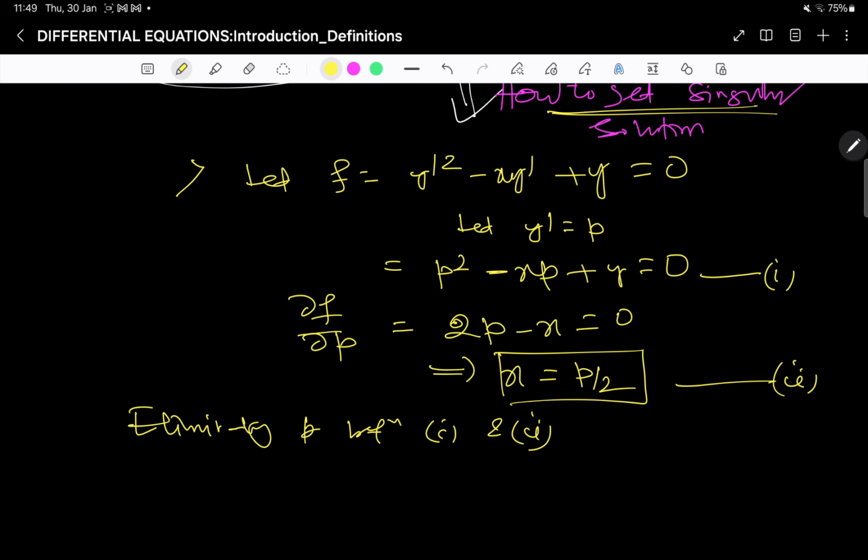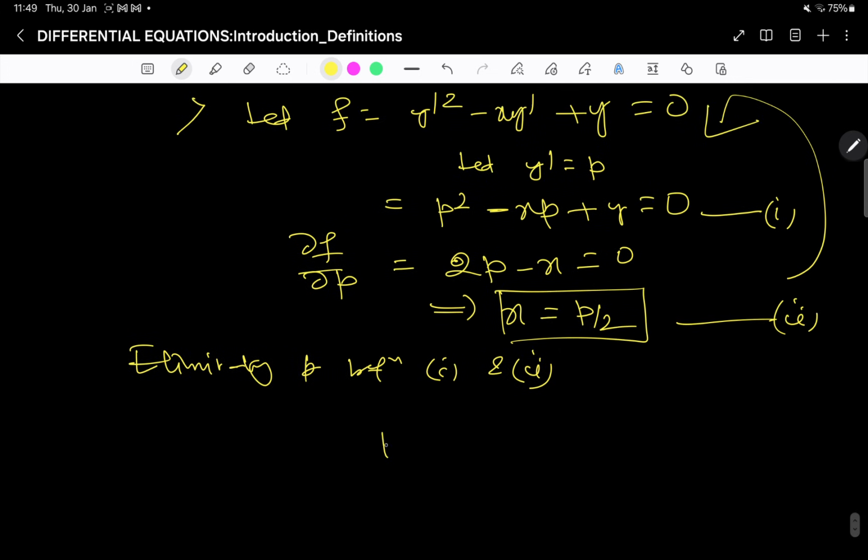What do we get? If I substitute 2 in 1, this gives p is equal to x by 2. This is my equation 2. Now if I substitute it in 1, what do I get?